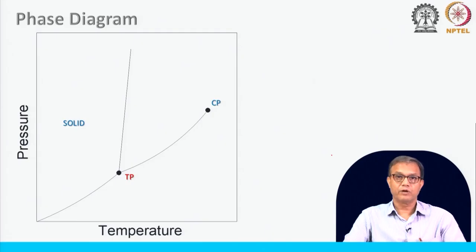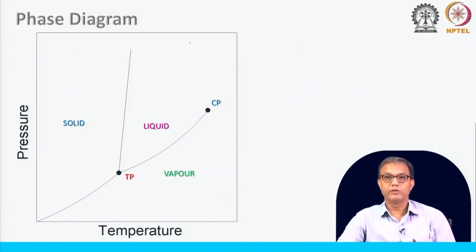In this part it will be solid, and here comes the liquid between the triple point and the critical point. This is where the vapor phase will be existing. It is below the critical point pressure and below the critical point temperature.